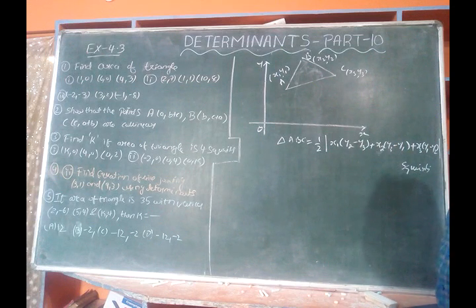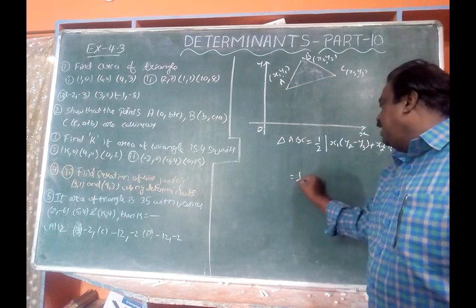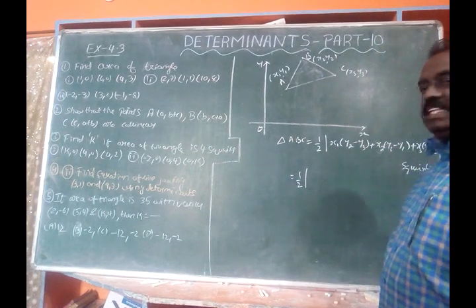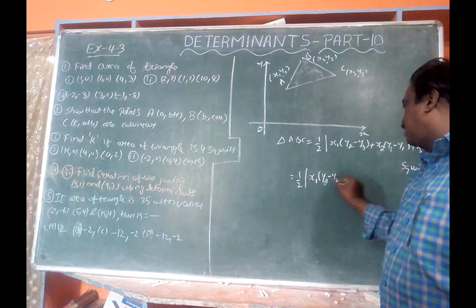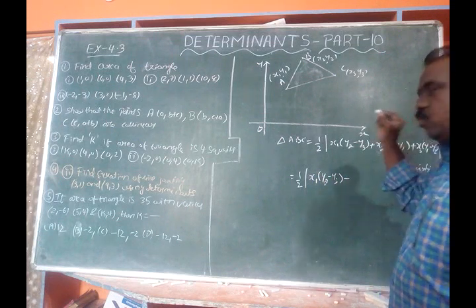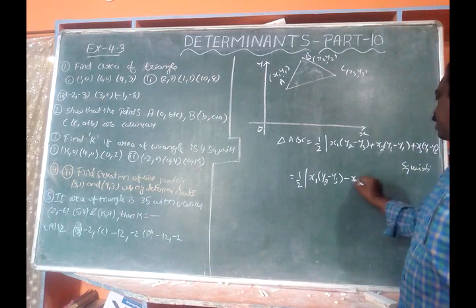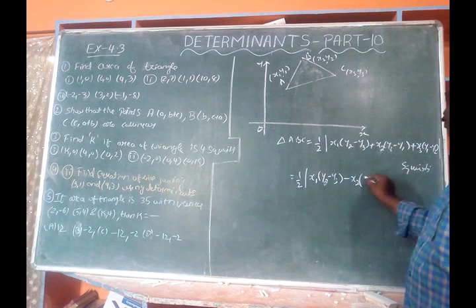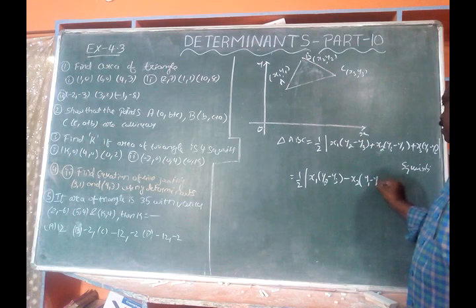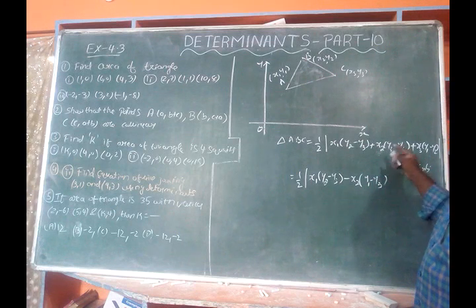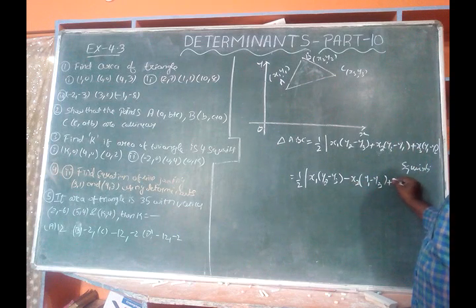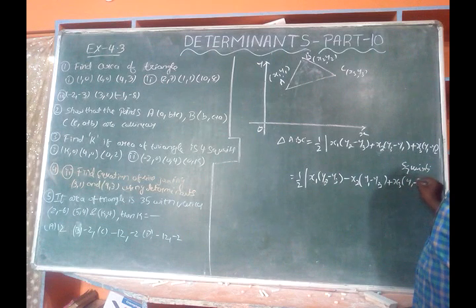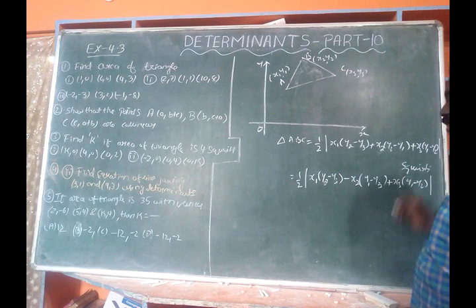You see, it is 1 by 2 modulus of x1 of (y2 minus y3), we take minus x2 of (y1 minus y3). Will you agree? If you interchange it, it is y3 minus y1 with a minus sign. And x3 of, as it is, (y1 minus y2).